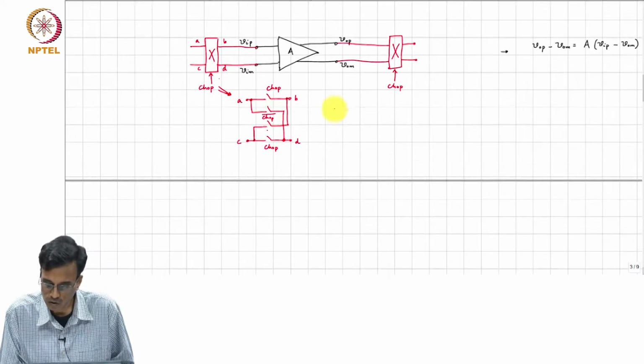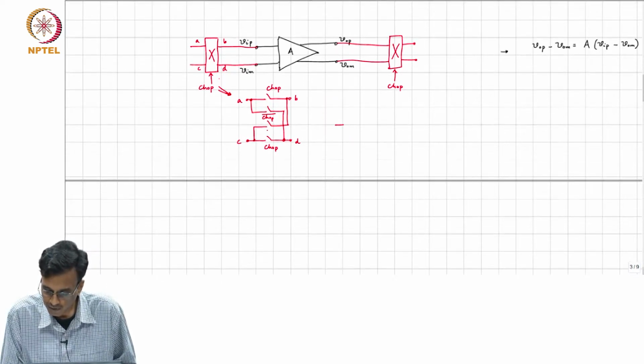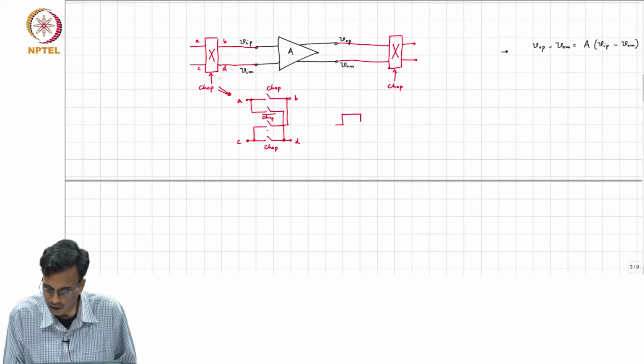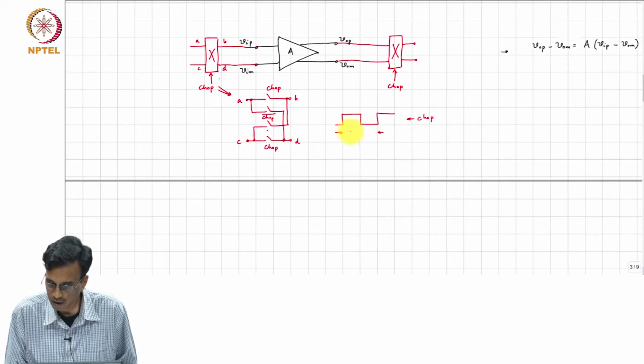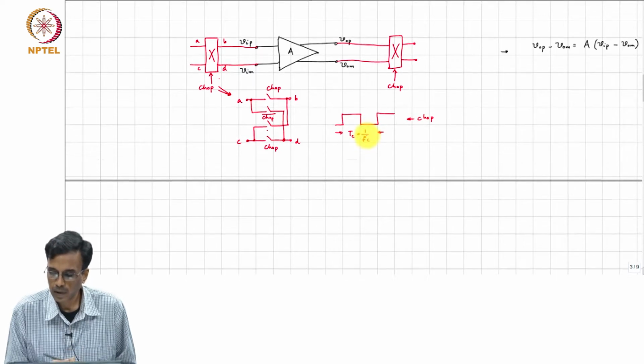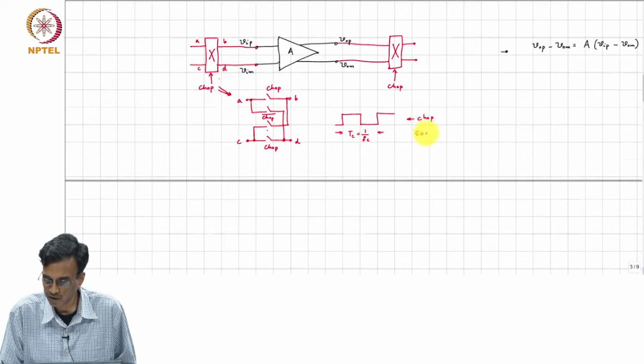Okay. So, chop is a 50% duty cycle signal, so this is the chop signal, this is TC, which is 1 over FC.